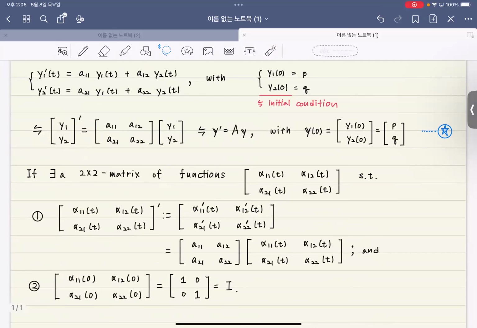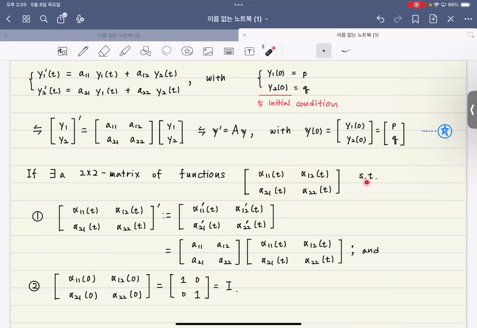Let us suppose this is a 2x2 matrix of functions consisting of alpha 1,1 to alpha 2,2. As you can see, its entries are not just numbers but functions depending on time t.